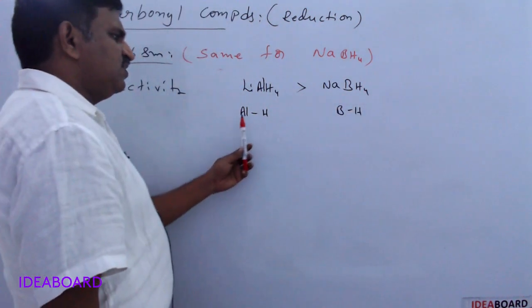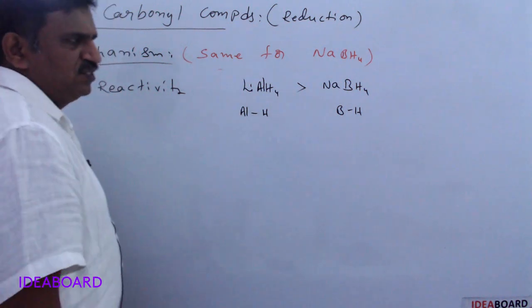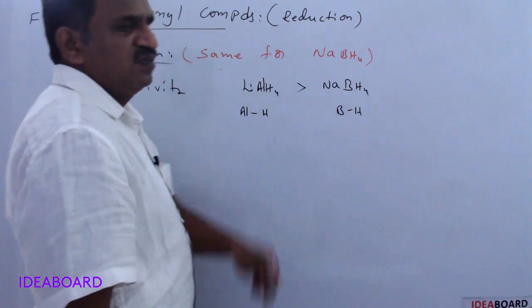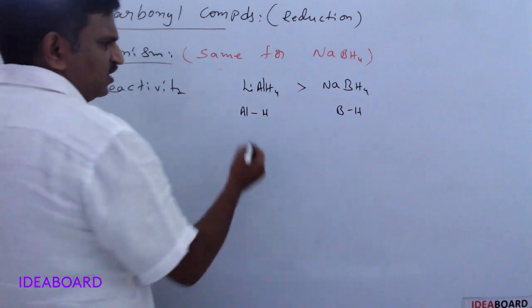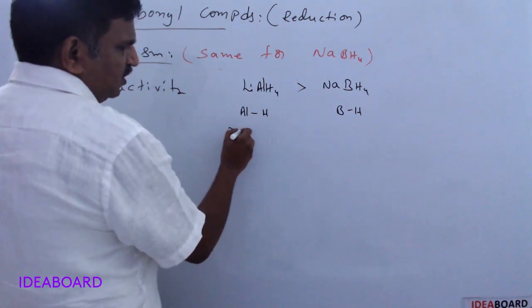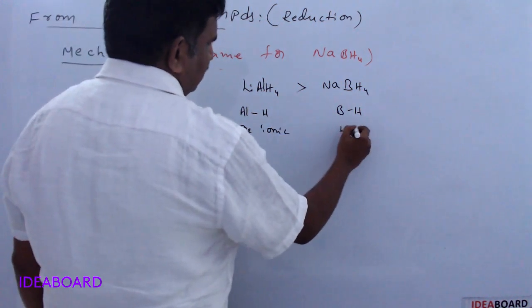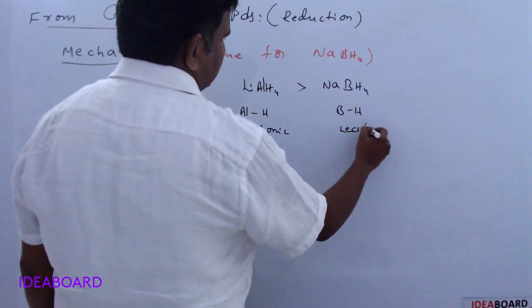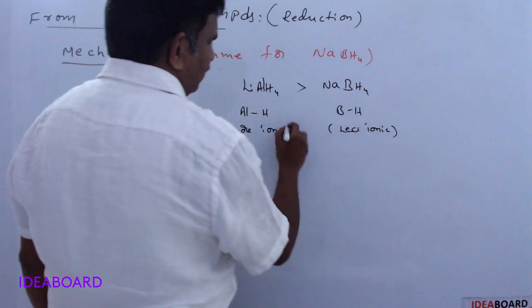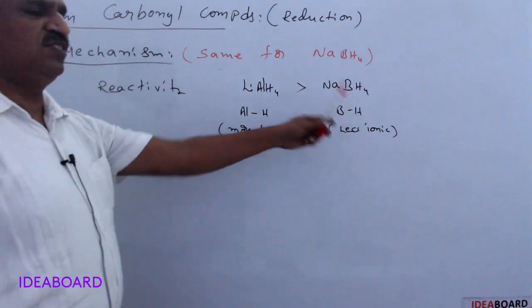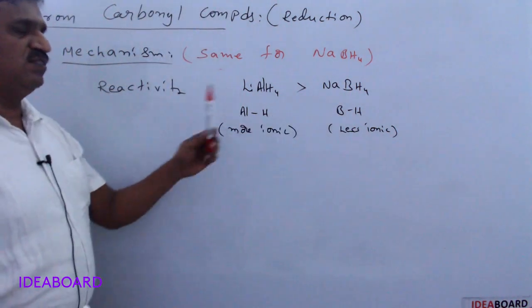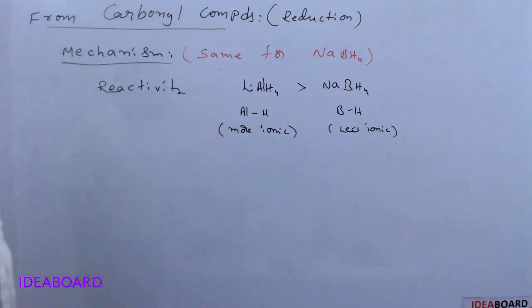The electronegativity difference between aluminum and hydrogen is more than between boron and hydrogen. Whenever the electronegativity difference is more, it has more ionic nature. This one is more ionic, and this is less ionic. Because of less ionic nature, H minus formation is not easy, whereas in this one H minus formation is easy. Hydride ion formation occurs easily.